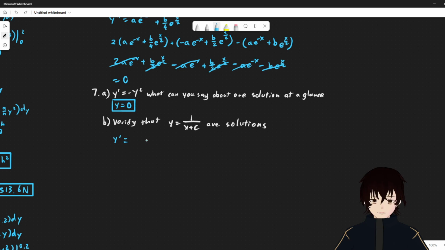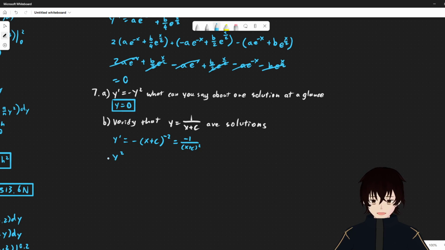Or the chain rule. Negative x plus c, power of negative 2. Chain rule is way easier. Which is basically negative 1 over x plus c squared.